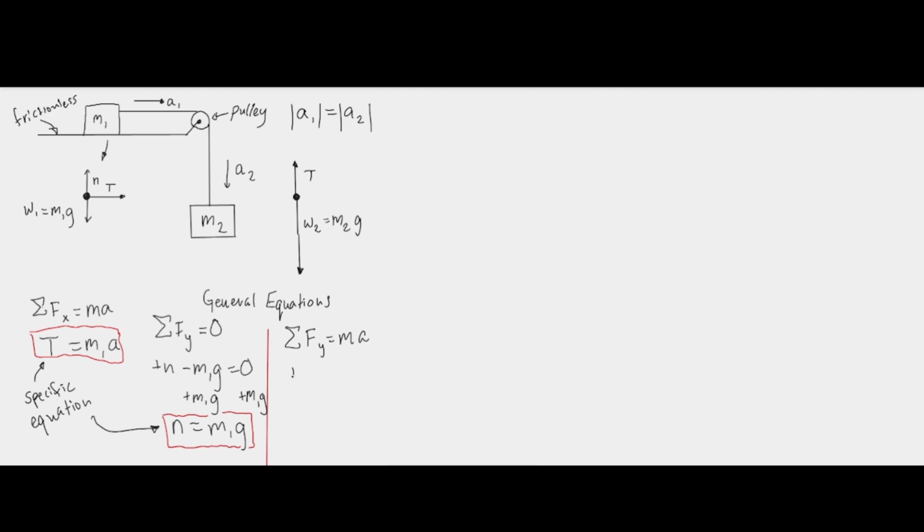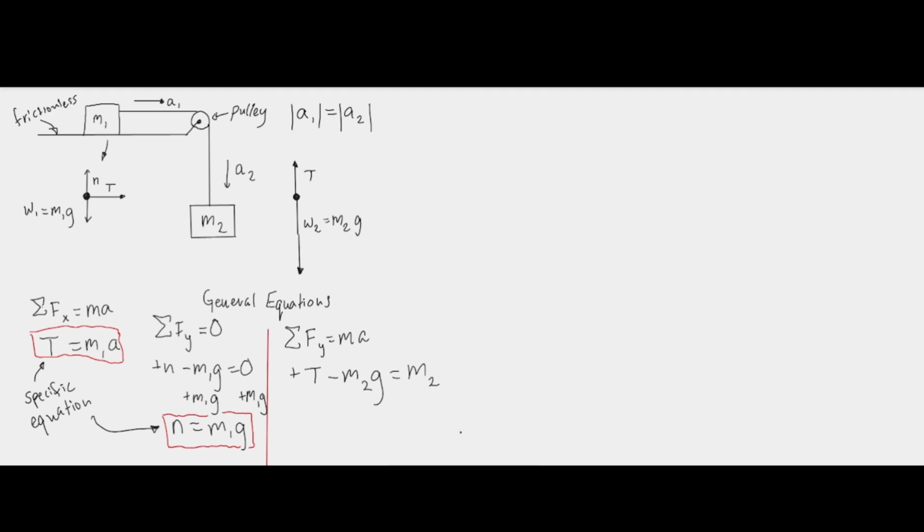Now, what are the 2 forces? I have a positive tension force minus m2g, because m2g, the weight force, is pointing downwards, and this is equal to my mass, m2, times what acceleration in this case?